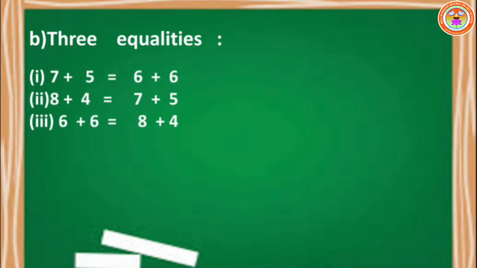I can say 7 plus 5 is equal to 6 plus 6, or 8 plus 4 is equal to 7 plus 5. 6 plus 6 is equal to 8 plus 4. So these 3 expressions will produce the result of 12. So I can say these 3 expressions are equality expressions. Is it clear, students? Next problem.